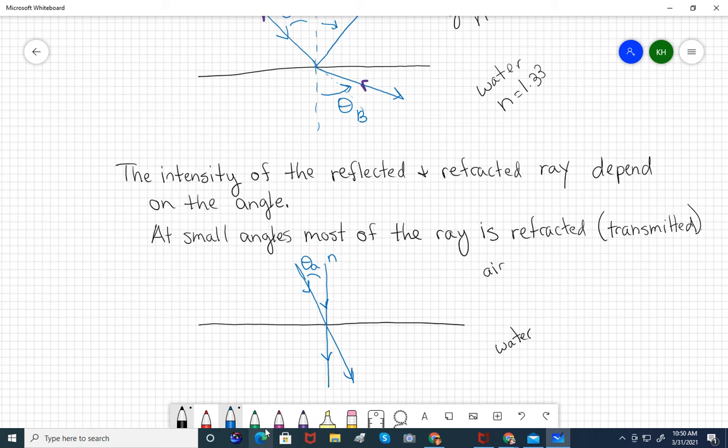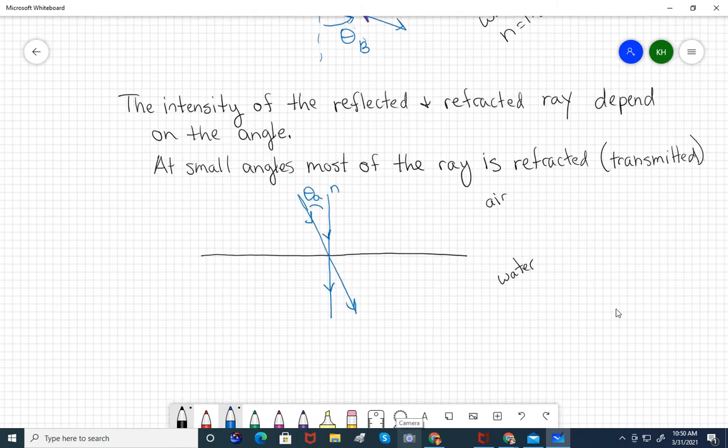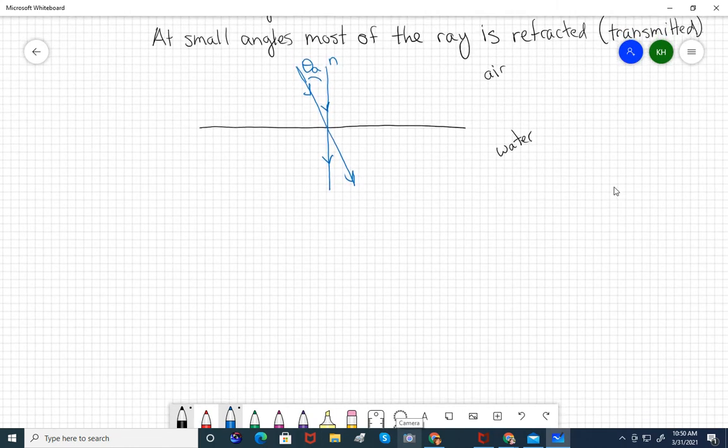I always think about a pond and a rock. If you drop the rock straight down, it's going to fall straight to the bottom. But those of you that have skipped stones know that if you get the right rock, if you come in shallow, this is a very large angle, most of the light will actually be reflected.